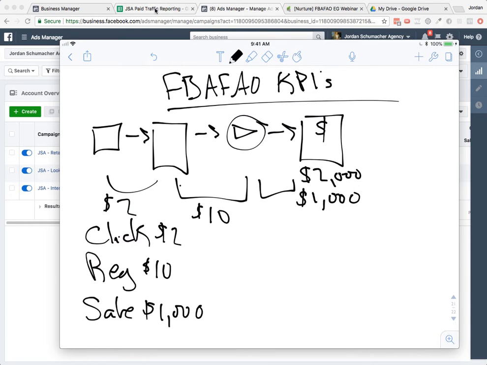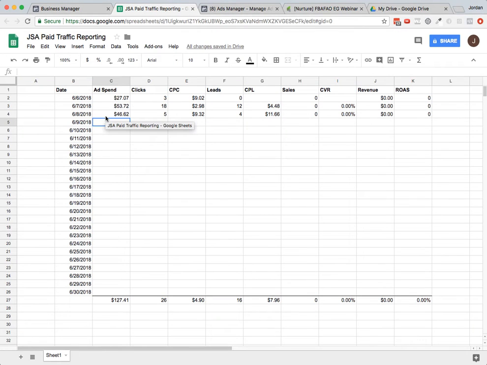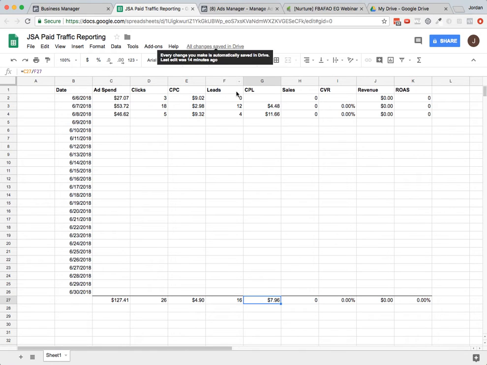Now, obviously over time, as I track these metrics, I'm going to be able to see, okay, right now my cost per click is way out of KPI, but my cost per lead is actually within KPI, which tells me that my landing page so far is actually converting at greater than 20%.